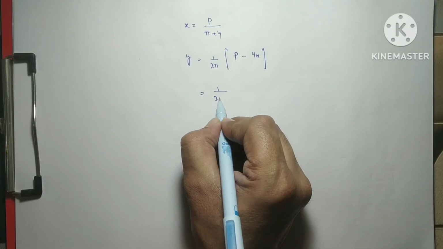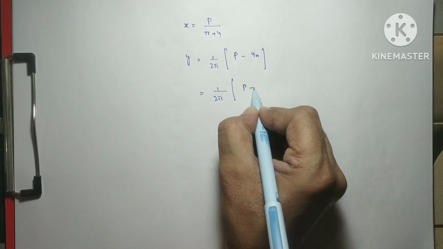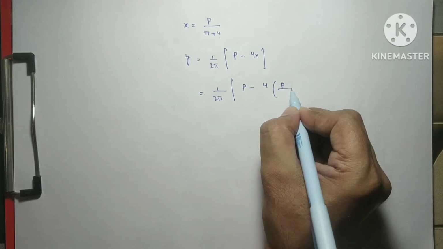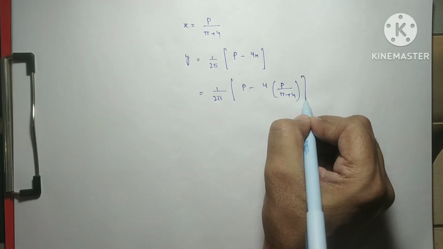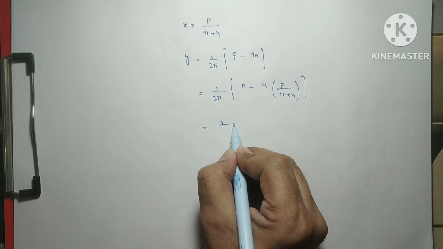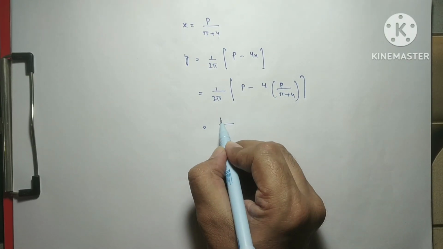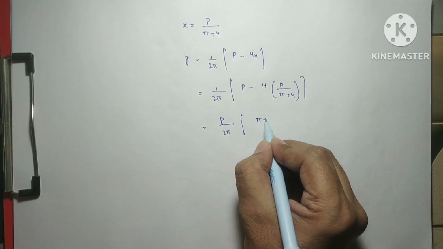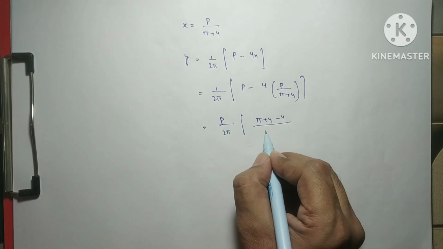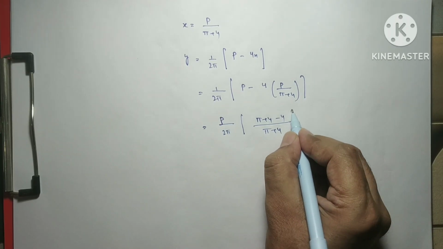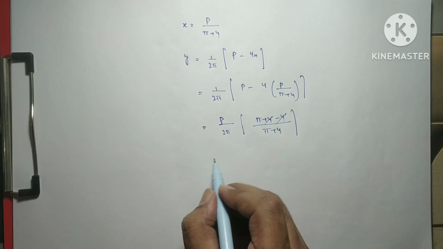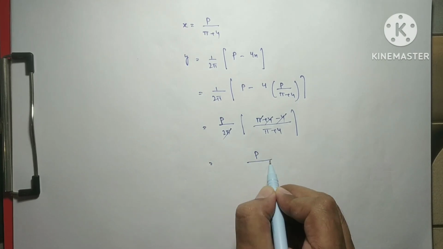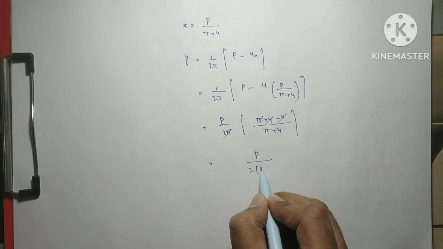Taking p common, it is 1 over 2 pi times p into pi plus 4 minus 4 over pi plus 4. Cancel this out, and we get p over twice of pi plus 4.